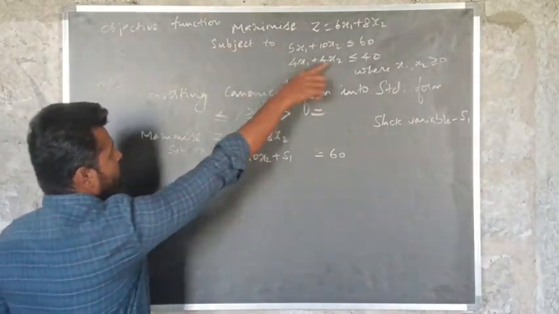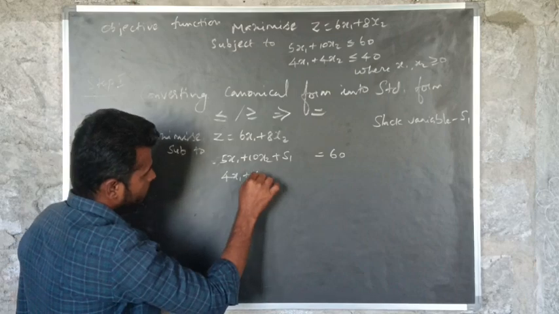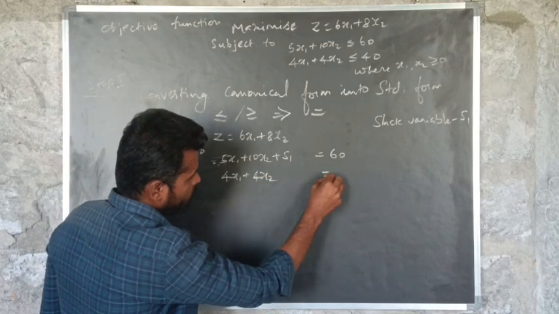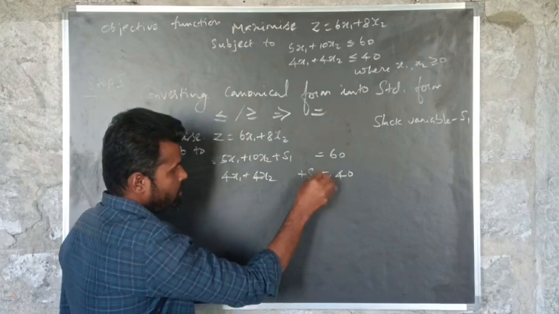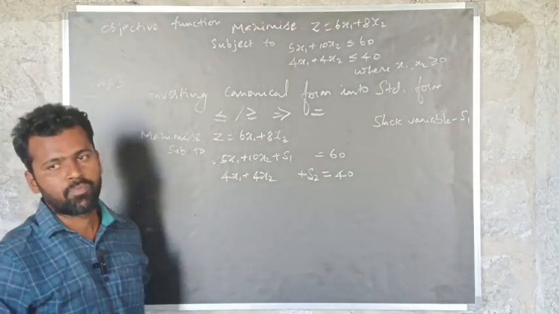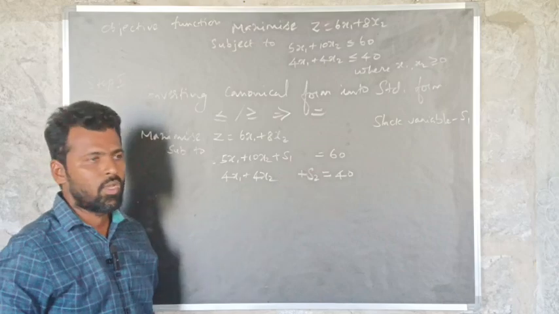Similarly, in the second constraint, 4x1 plus 4x2, to make it equal to 40, I am going to add another slack variable s2. For naming conventions, we are giving the sequence order s1 and s2.